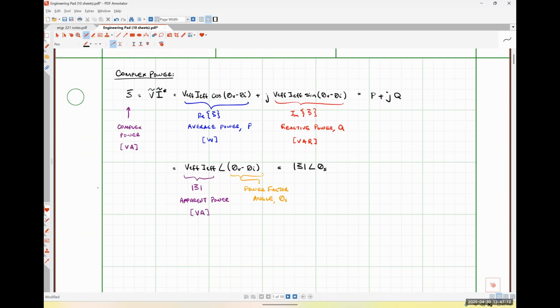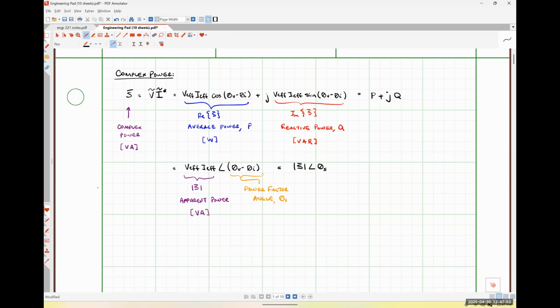Realistically, I don't expect any of you to memorize really any of these equations per se, okay? Instead, I prefer to think about any complex power system using what's known as a power triangle, and then just compute complex power, and then use my calculator to put my answer in both rectangular form and polar form, and then take what I need from that complex power calculation instead of practically ever bothering to calculate any individual one of these parts directly.